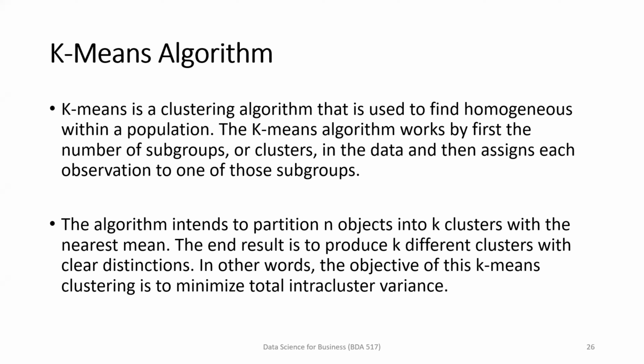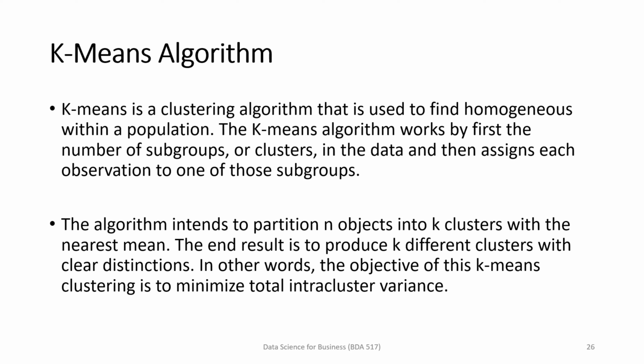And when it iterates, it calculates the central point. All the points that are near to these 3 data points will form one cluster each. So it forms 3 main clusters.